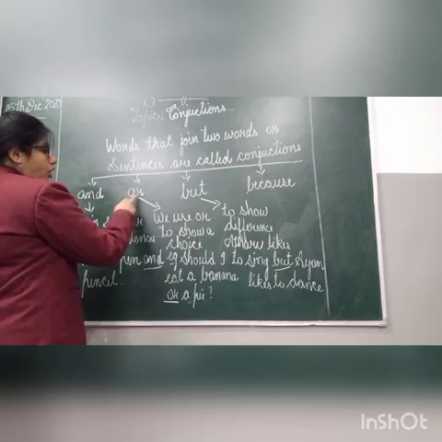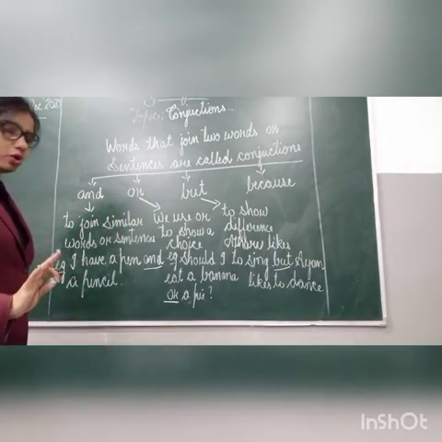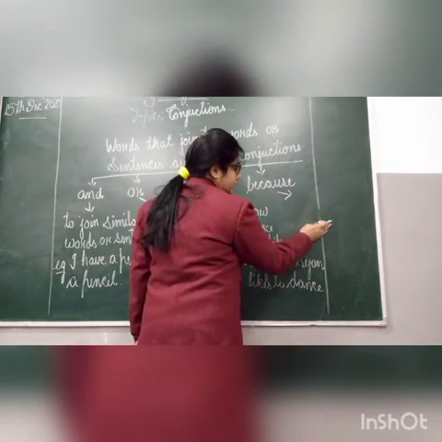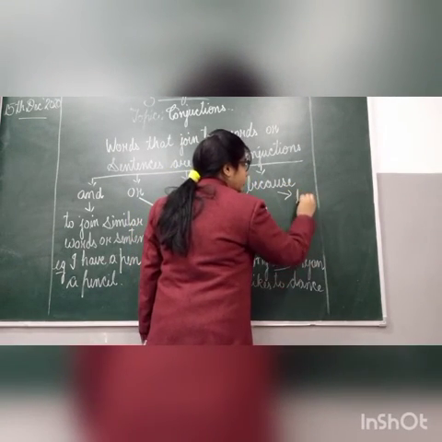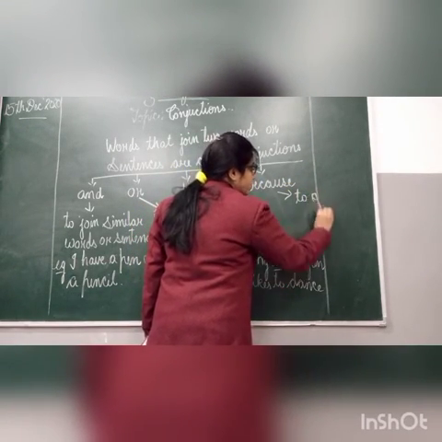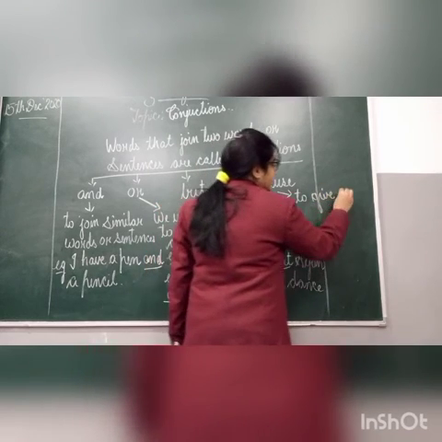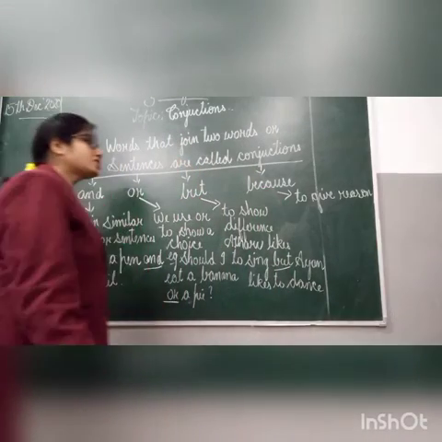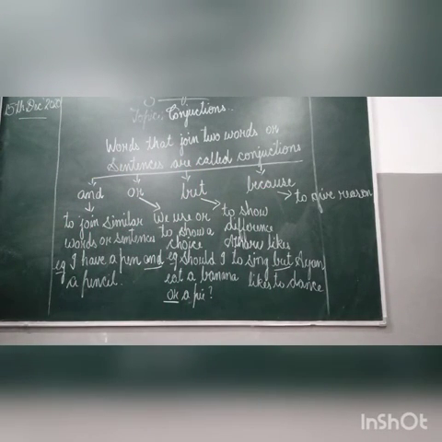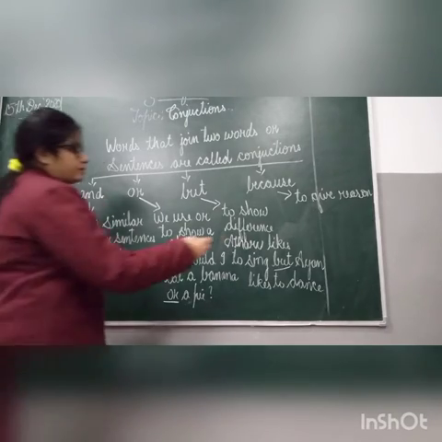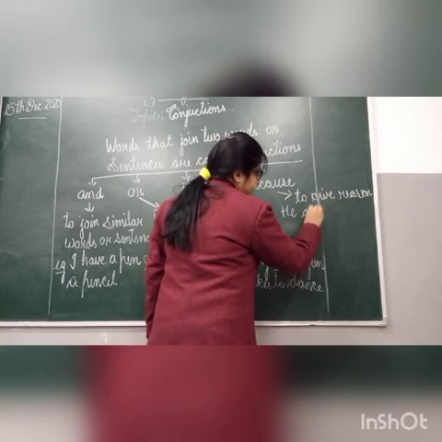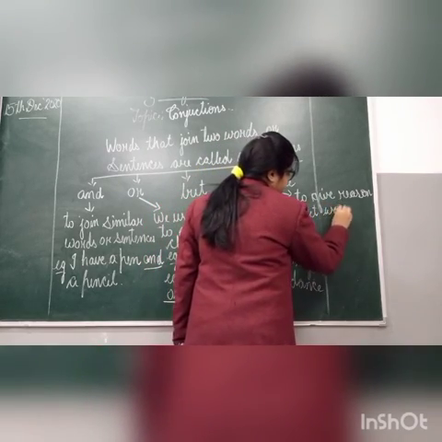So and, or, but. These are clear to you, I hope. Now the fourth is because. We use because to give reason. For example, he got wet.